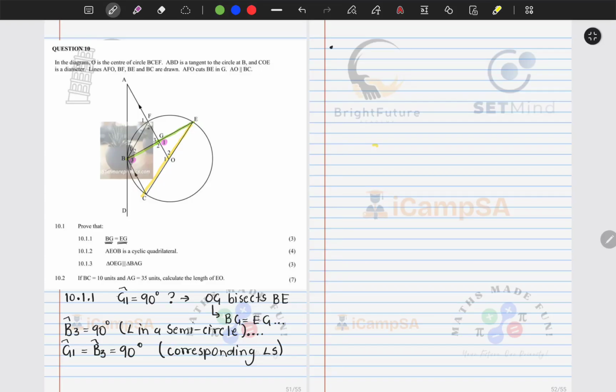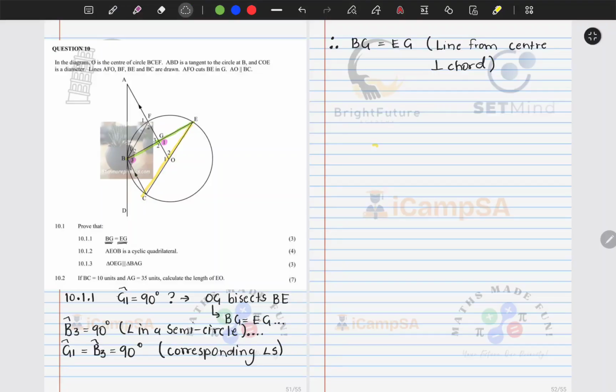So therefore, what we can say is BG is equal to EG. And the reason why we can say so is the line from the center is perpendicular to your chord. So your line from center is perpendicular to your chord.